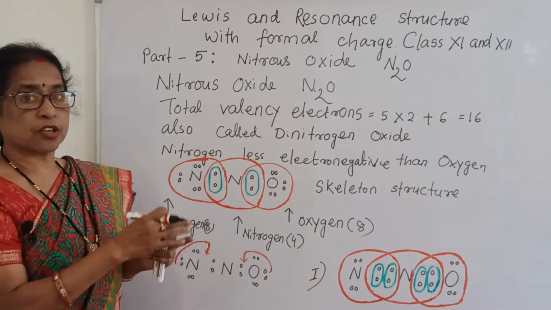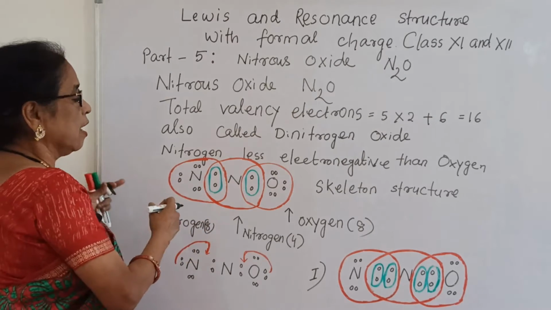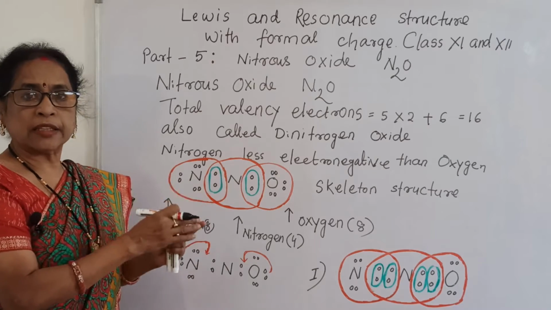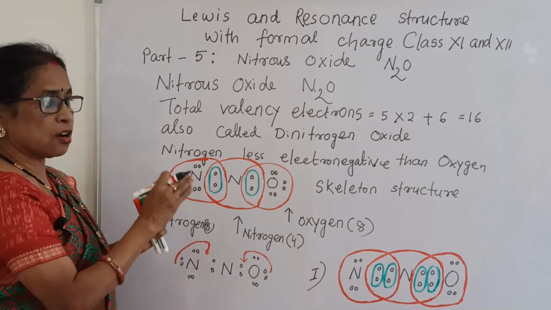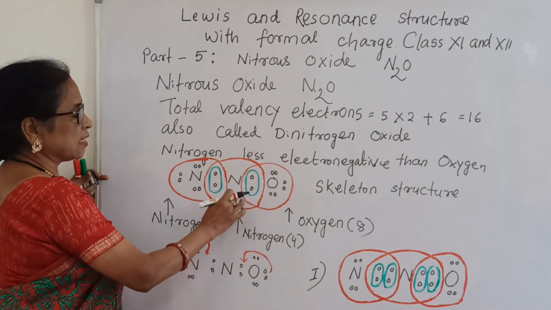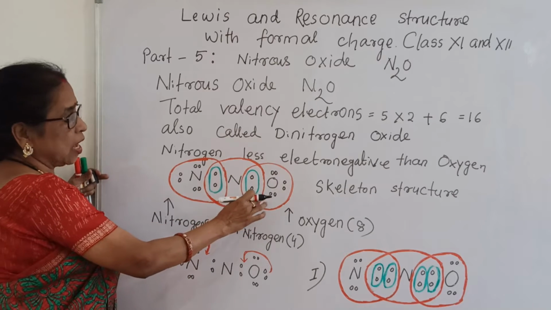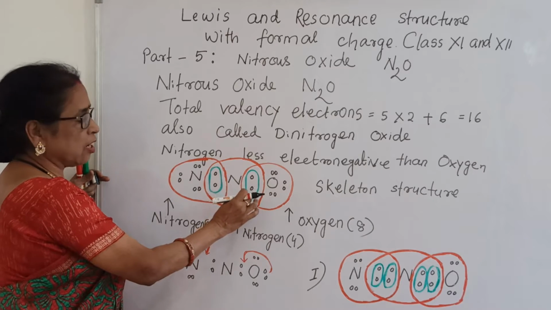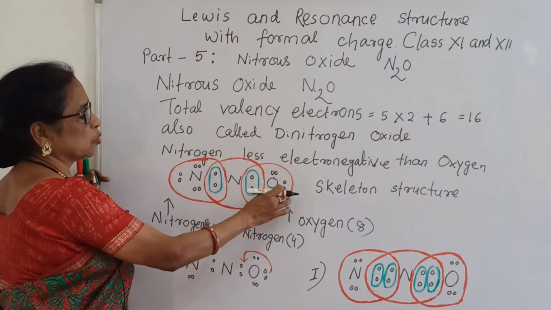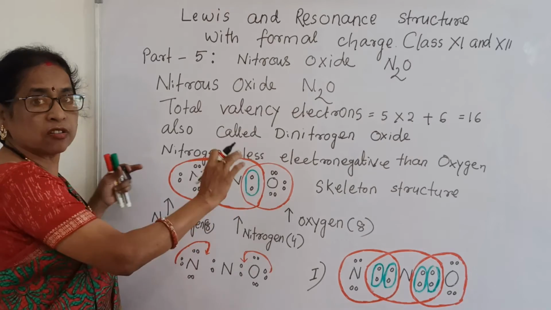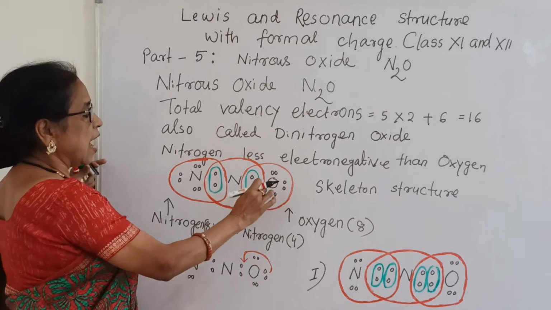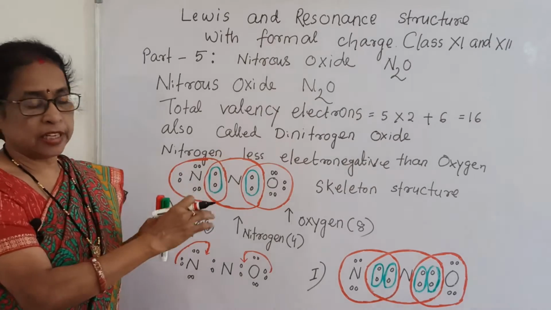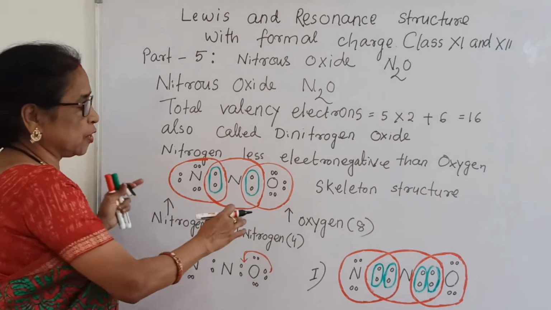In the skeleton structure, what will we check? Whether the 3 atoms satisfy the octet rule, whether they have 8 electrons or not. Check here, this is surrounded by the red line. Oxygen has how many electrons? 2 plus 2 plus 2 plus 2, that means 8 electrons in the outer shell, so it follows the octet rule.